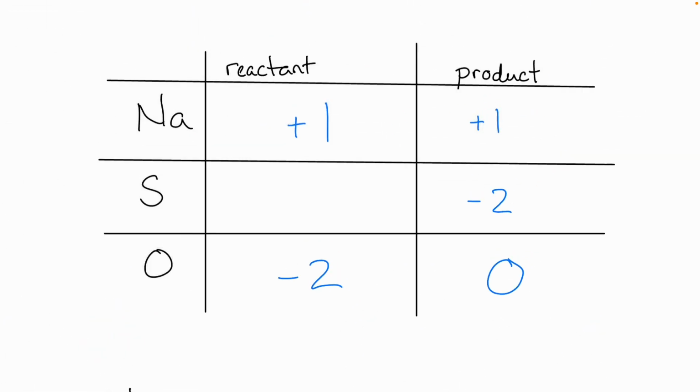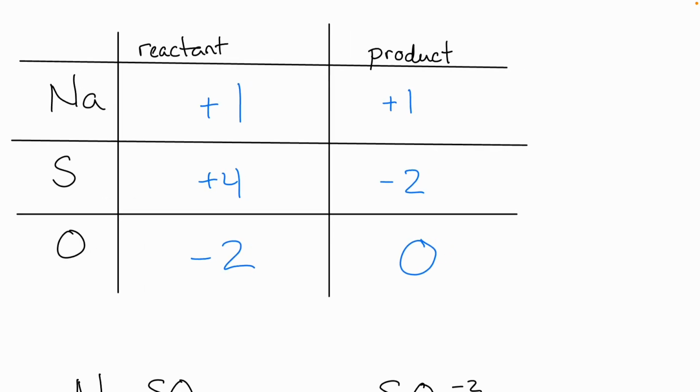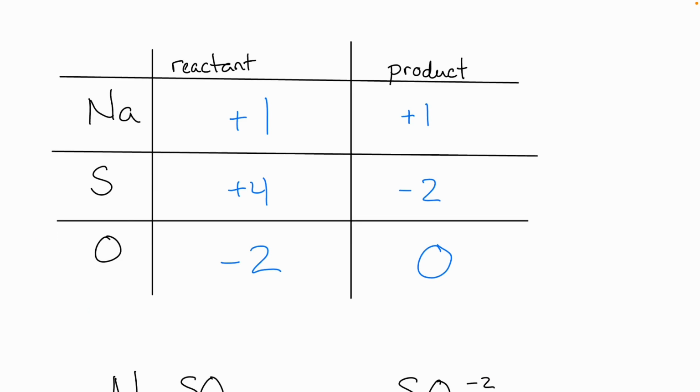All right, so this table here, when we fill it out for our products and our reactants, we can see which elements are being oxidized and which elements are being reduced. Remember, losing electrons is oxidation. But it's kind of a weird way of thinking about it because electrons are negatively charged.